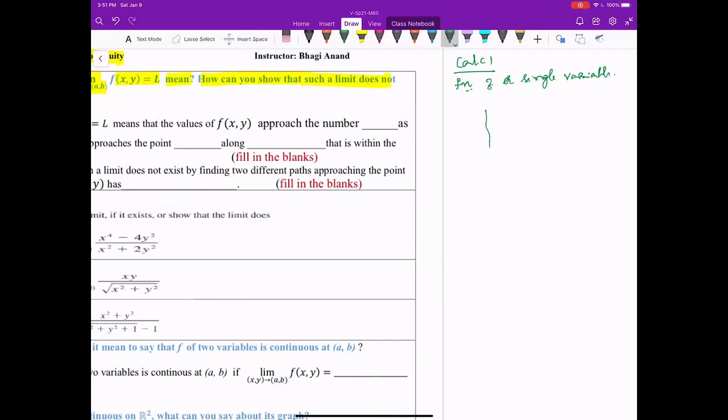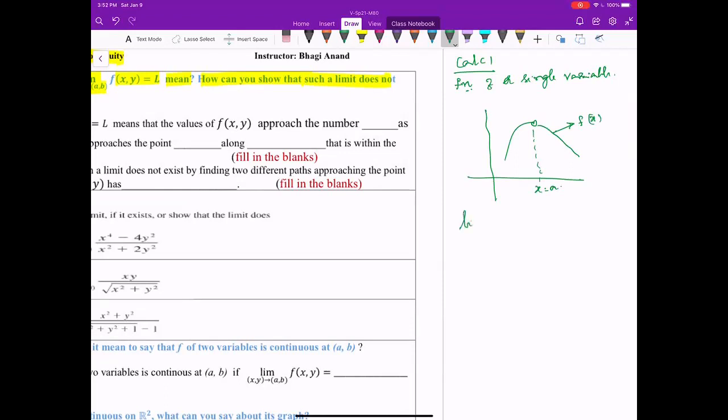So here, let's say you have a function, something like this. This is f(x). Let's assume that there is a hole at x equal to a.